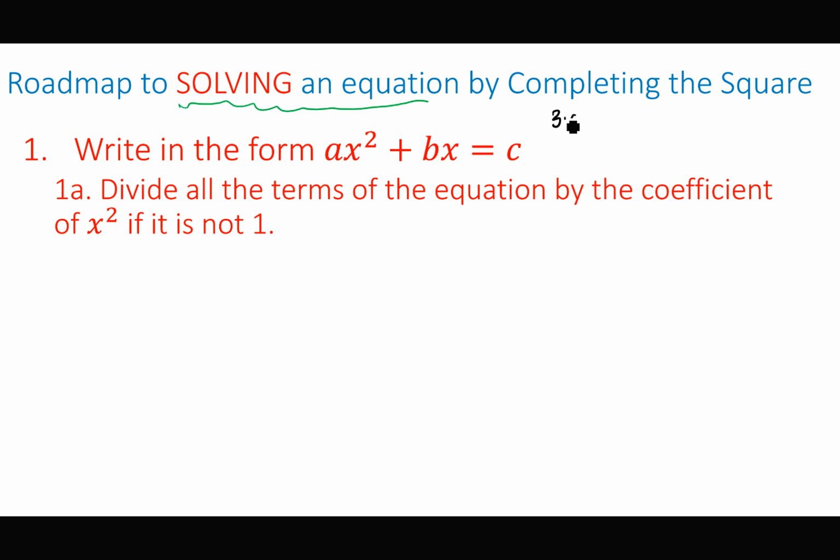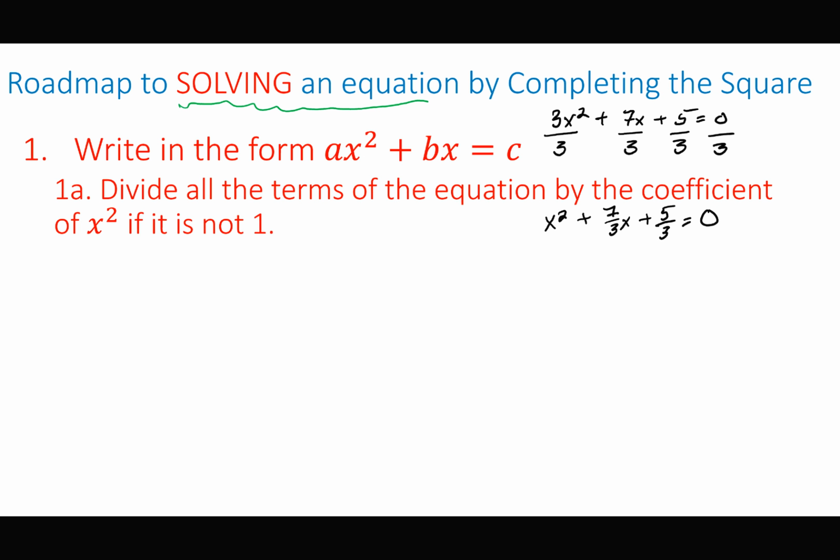Meaning, say we had 3x squared plus 7x plus 5 equals 0. Well, I want to get it in the form of ax squared plus bx equaling c, where my a is 1. So I'm going to divide all terms by 3. So now it becomes x squared plus 7/3 x plus 5/3 equals 0, divided by 3 is still 0.